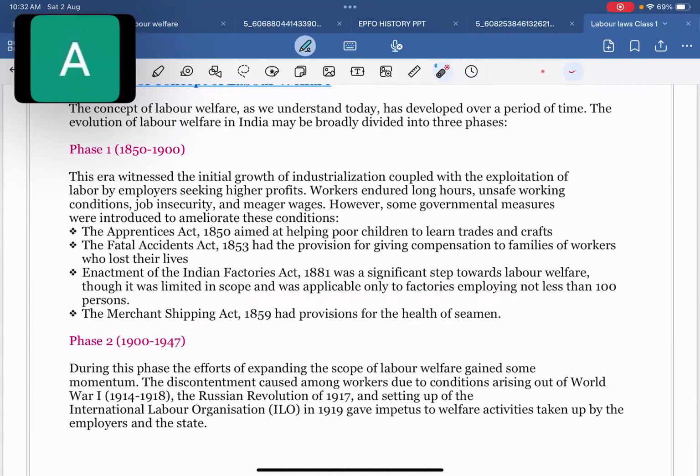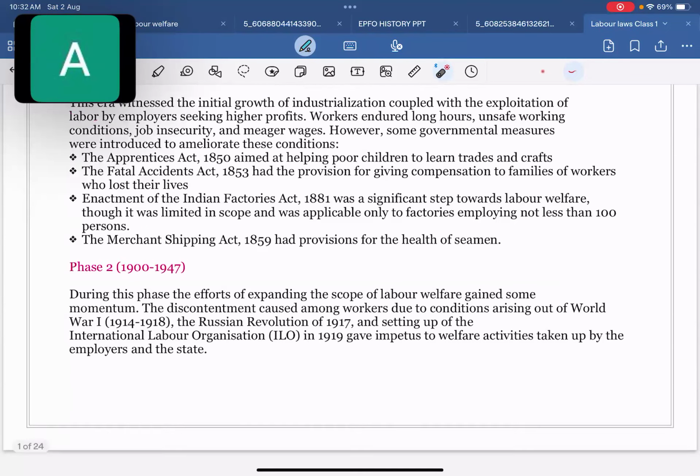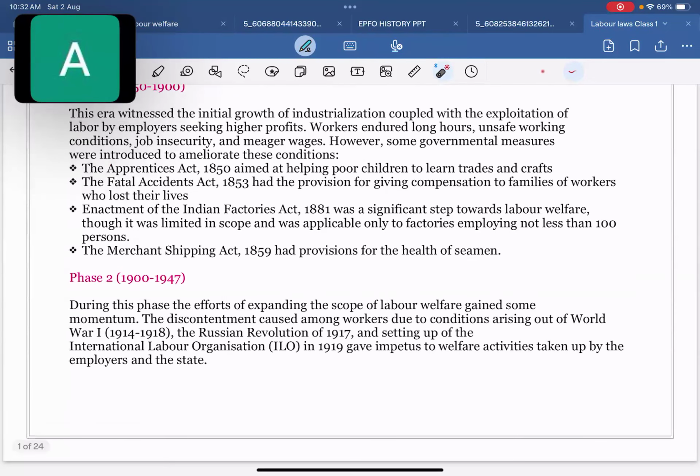Seaman is the historical word, used in layman's language for the workforce. Okay, so phase 2 is 1900 to 1947, and then phase 3 will come. During this phase, efforts to expand the scope of labor welfare gained some momentum.